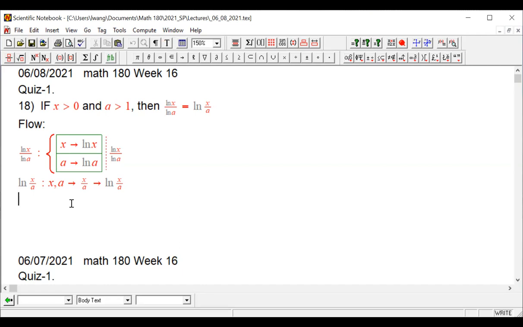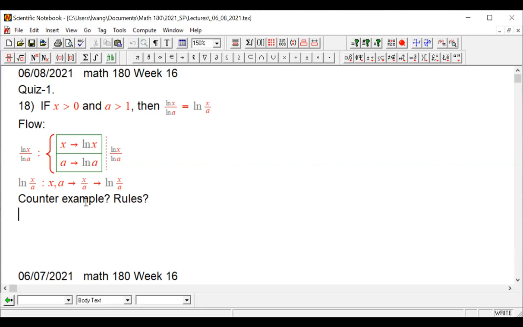We can also apply some other properties we know, or maybe there are existing rules that we could use to simplify the left or right.